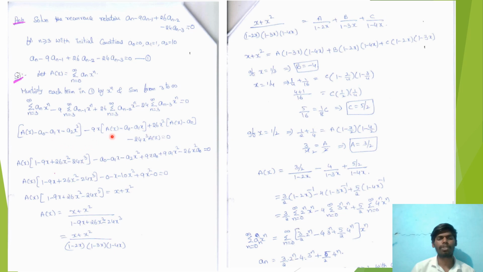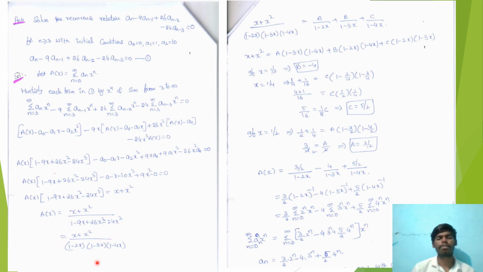Now we know that we have to separate the A of x terms and the remaining terms. So by separating this, we'll get A of x is equal to x plus x square by 1 minus 9x plus 26x square minus 24x cube.